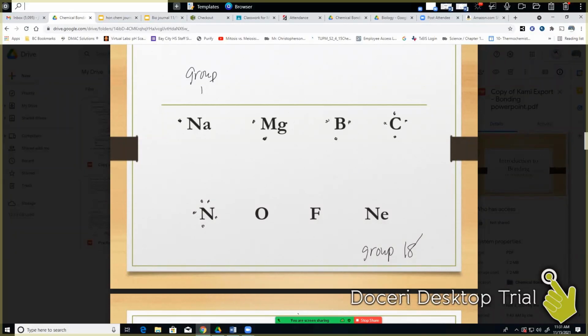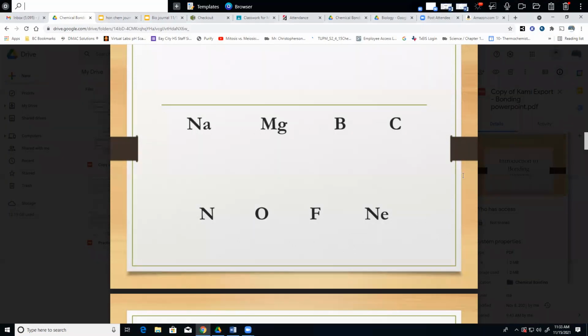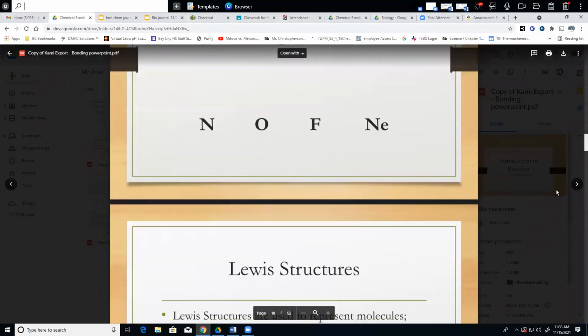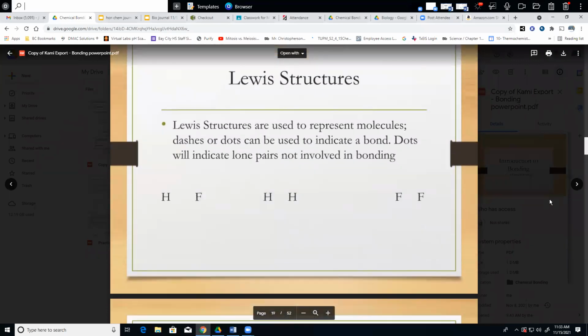They just go in that same continual order. So we're going to be putting these together to represent covalent compounds, is what we're working toward today. And tomorrow we'll do ionic compounds.